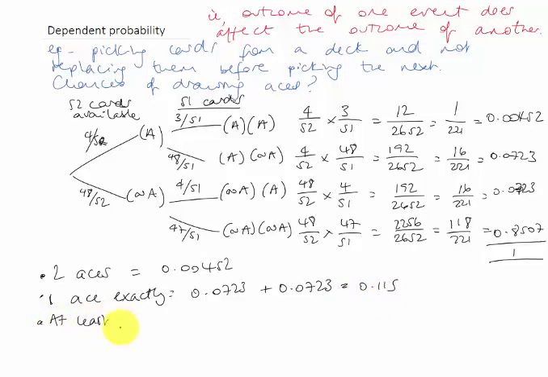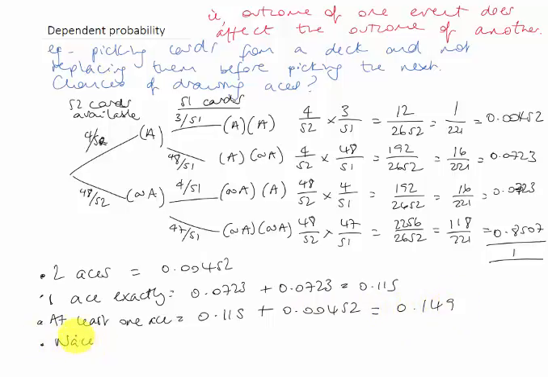At least 1 ace: we have to add up these 3, so 1 ace from either of these possibilities, or 2 aces. So that's this plus this, which gives us 0.149.